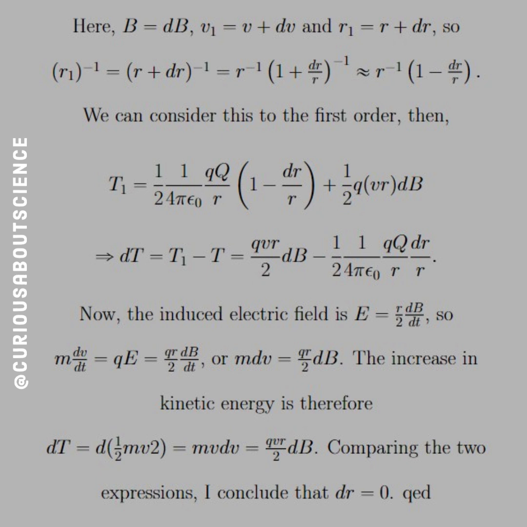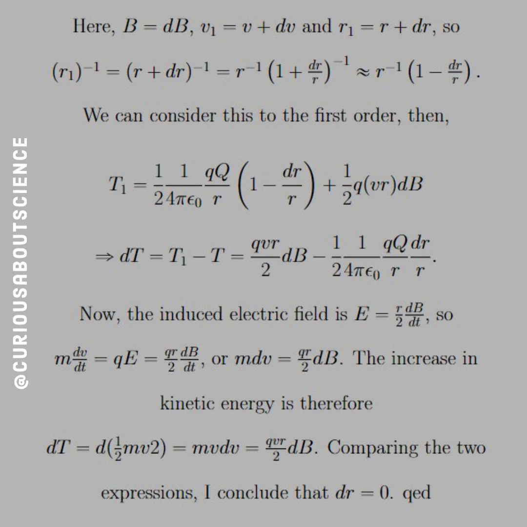Now the induced electric field is E equals r over 2 dB/dt. Again, we saw this from several scenarios. If we plug this in, we have ma equal to qE, but we write a in terms of dv/dt. If we put all this together, we get that the force is equal to q r over 2 dB/dt.